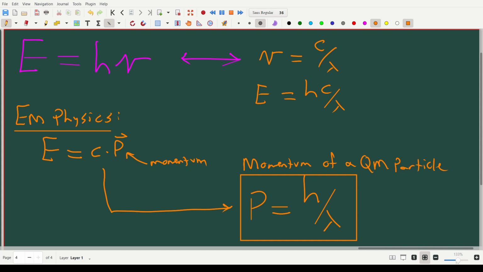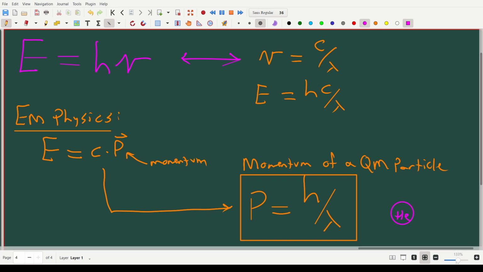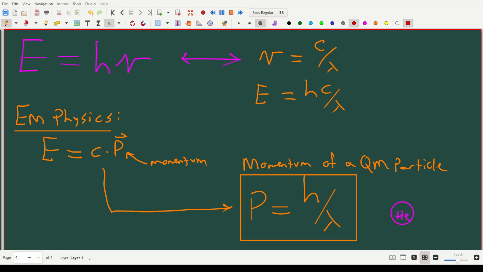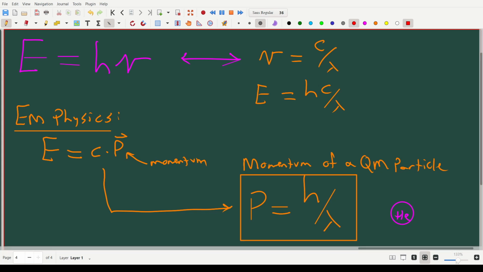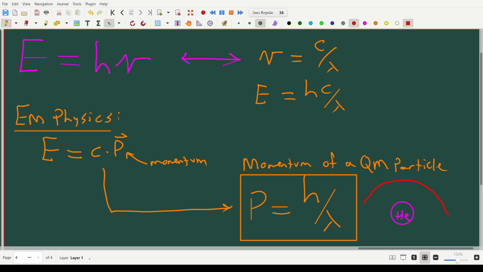So if I draw a helium atom, it looks this big, and then I calculate its wavelength. There's a cosine wave associated with this particle, of this momentum, and the length of the wave is larger than the helium atom. Here's the wave associated with that helium atom.